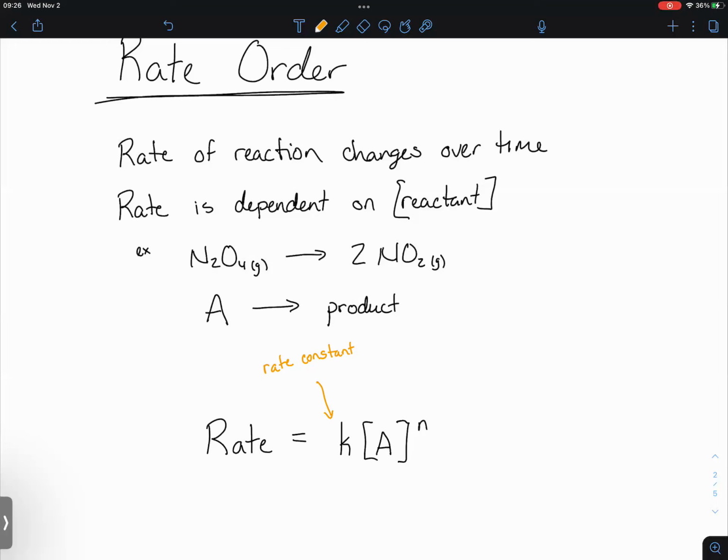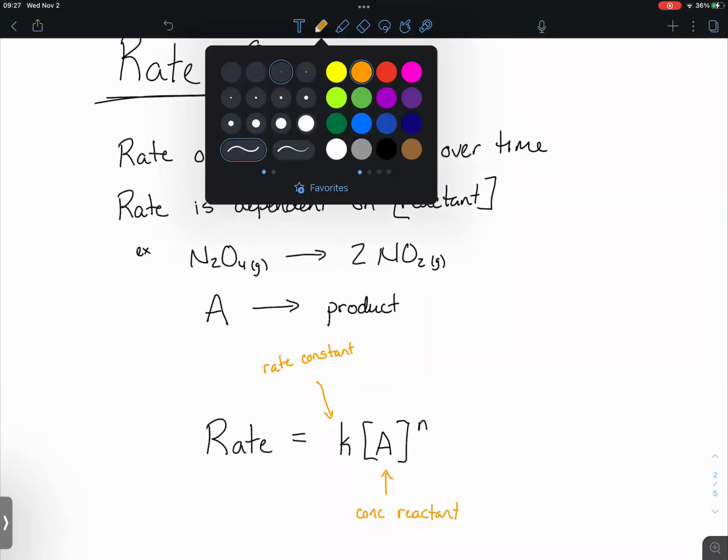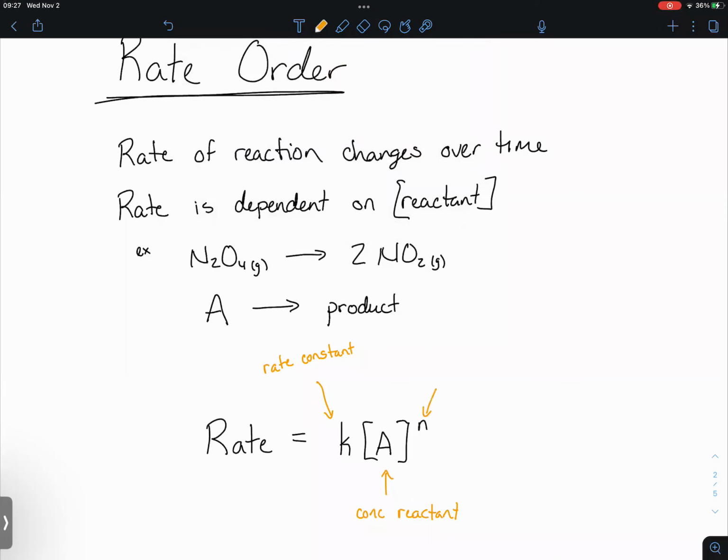At various starting points. The concentration of A is, again, just the concentration of reactant. And then in this rate expression, you raise the concentration of the reactant to the power of n. This is what's called your rate order.